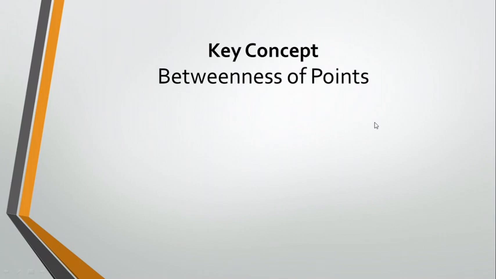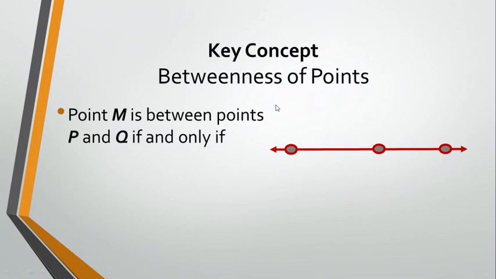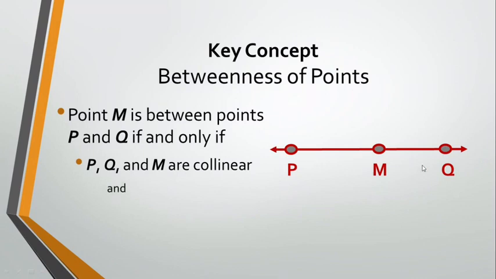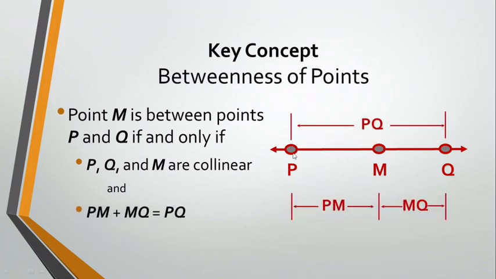So here are some key concepts that you need to remember when you're dealing with betweenness of points. Point M is between points P and Q if and only if, which is a geometry term meaning that everything I'm saying has to be true, points P, Q, and M are collinear, and PM, the distance from P to M, plus MQ, the distance from M to Q, adds up to PQ, the distance from P to Q. Another way to think about it is that the two smaller parts together add up to the bigger part.